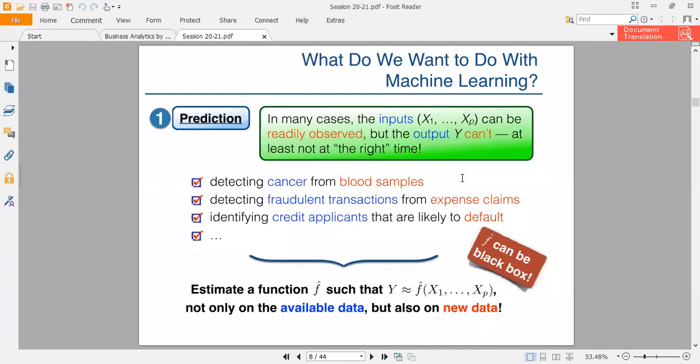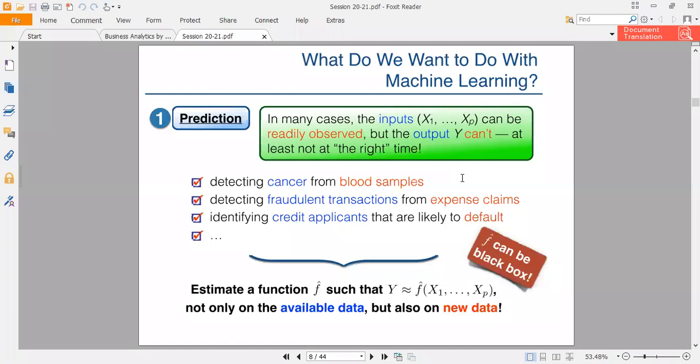Another example that is used very widely is to detect frauds in different kinds of industries. You can do that in insurance industries to test whether a person who has filed a claim, whether that's a genuine case or not, and you can test for that using the data that you have in the past, and then you can decide कि अच्छा हमें इसको further investigate करना चाहिए या नहीं करना चाहिए.